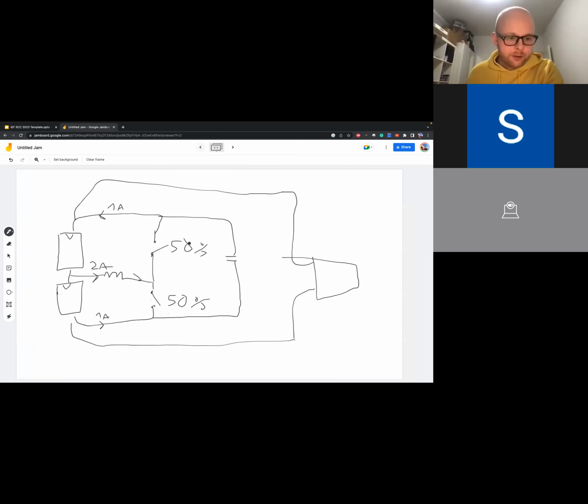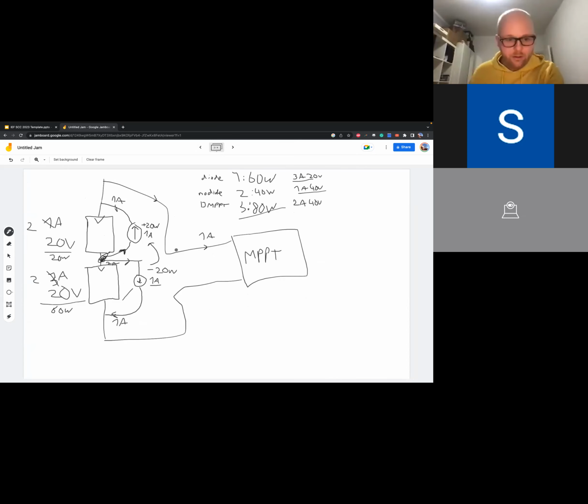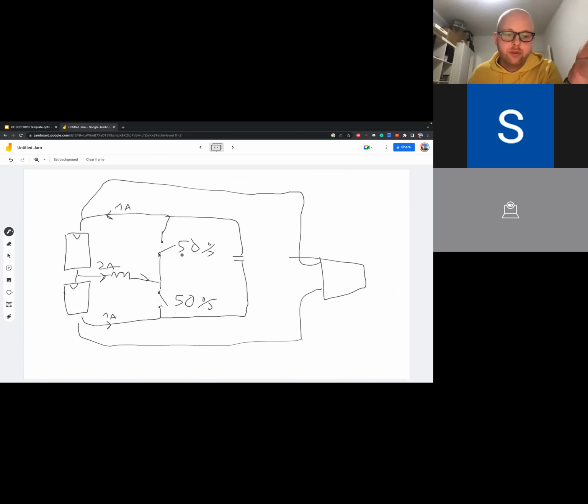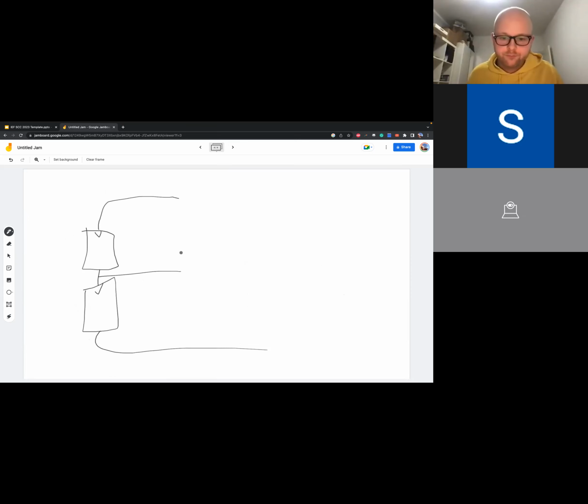But as long as you force the voltages to be the same, you will balance your system and make sure both of them are balanced. How do they work? They have a capacitor. And then they make sure the voltage of the capacitor is V MPPT. And then they have a bunch of switches.